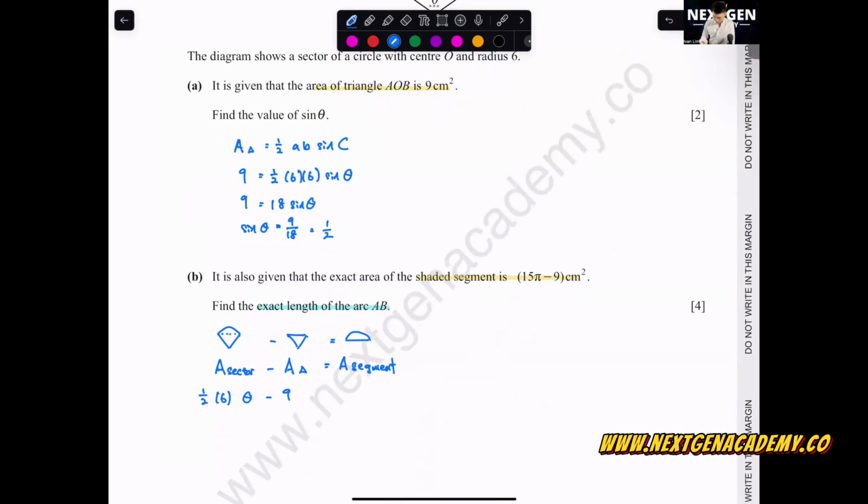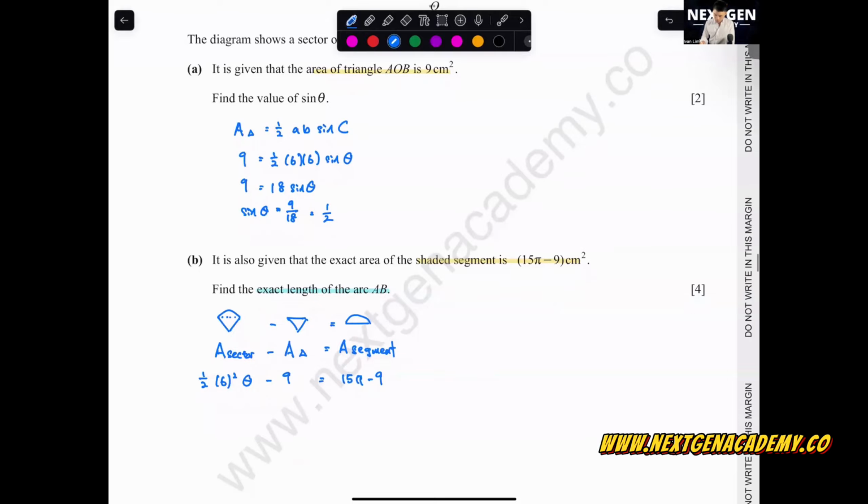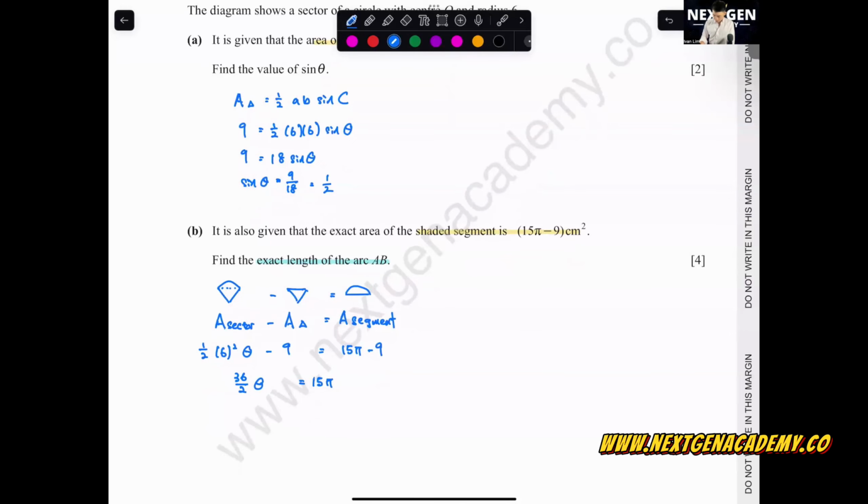Half 6 squared theta minus 9 equals 15 pi minus 9. Both sides got minus 9, so we don't want. So here will be 36 over 2 theta equals 15 pi. From here, we can simplify. This is 18 theta equals 15 pi. Theta is 15 over 18 pi.